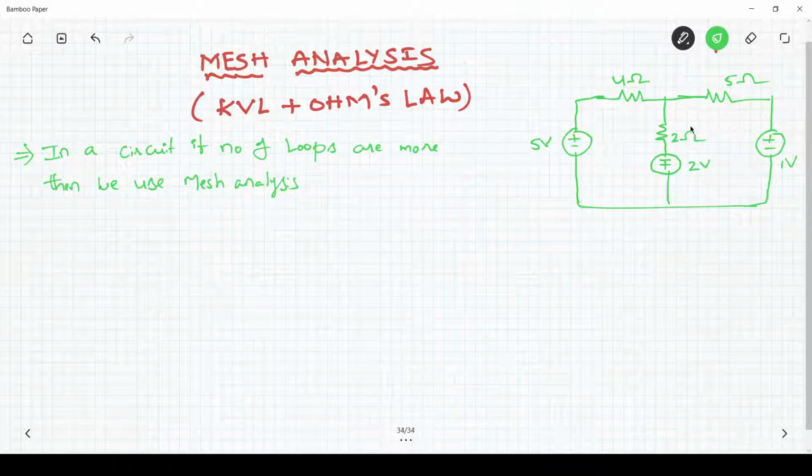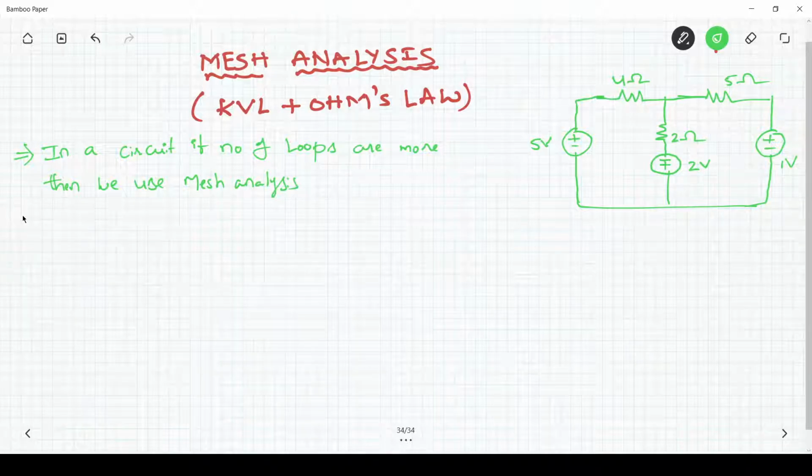See, in this circuit it has two loops. Maybe a circuit has 3 loops, 4 loops, and so on. So if the number of loops increases, then we apply mesh analysis.